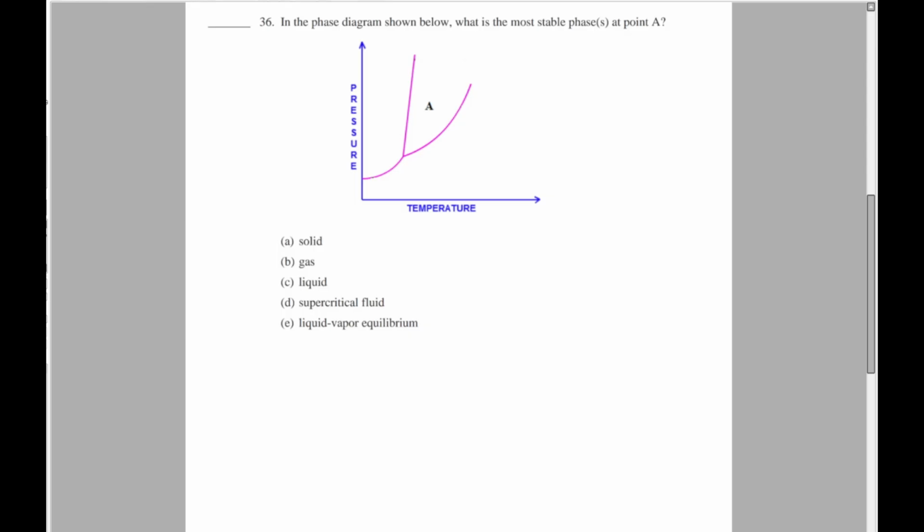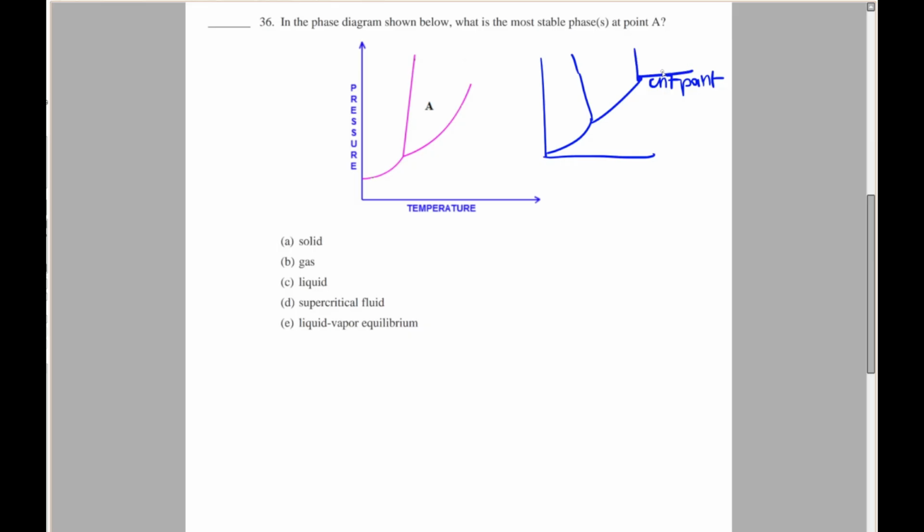36. In the phase diagram shown below, what is the most stable phase or phases at point A? So this question is pretty conceptual, but basically in a phase diagram like this, we're going to have something like this and a critical point here.